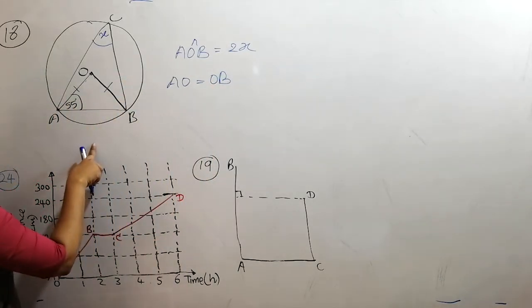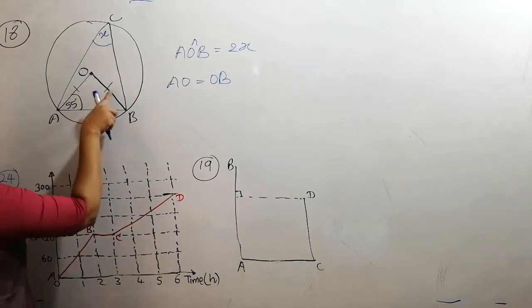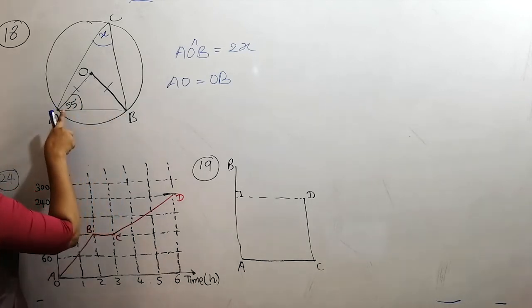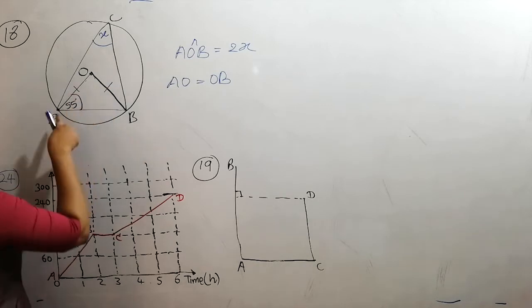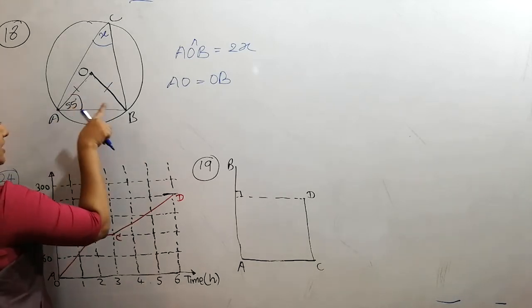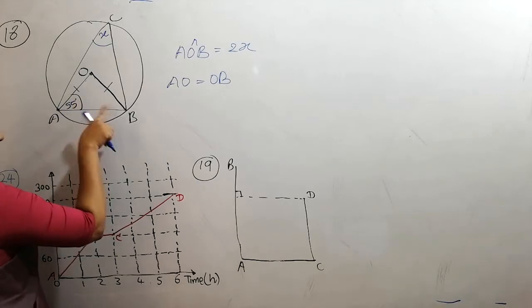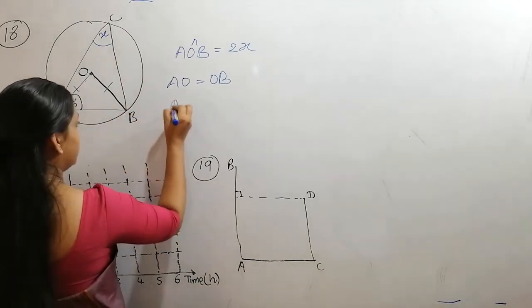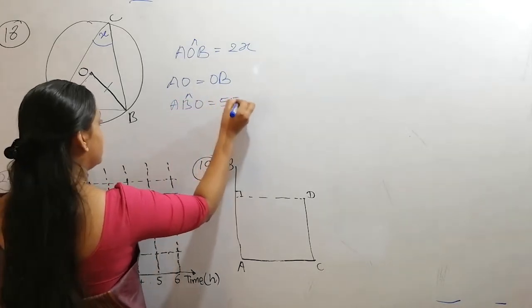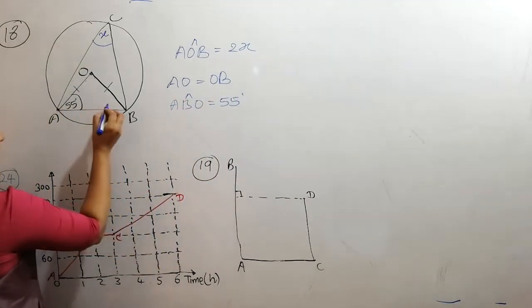They are equal. Since these are equal, this angle should be equal to 55, because this is an isosceles triangle and the angles opposite to the equal sides are equal. Then the ABO angle is equal to 55 degrees. This is 55.